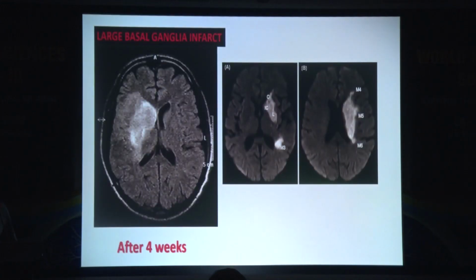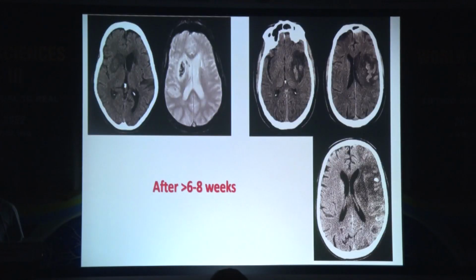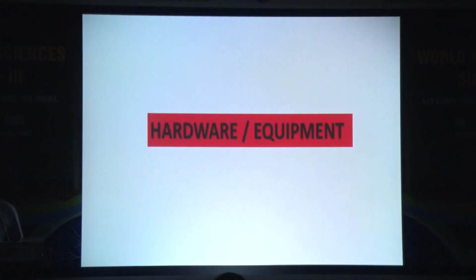Especially in perforator area infarcts, like a large basal ganglia infarct, they have a very high tendency of reperfusion injury after carotid artery stenting. So we prefer to delay the stenting for at least 4 weeks in these patients. And if hemorrhagic transformation has already set in, we always try to delay the procedure for at least 6 to 8 weeks to get a maximum benefit.